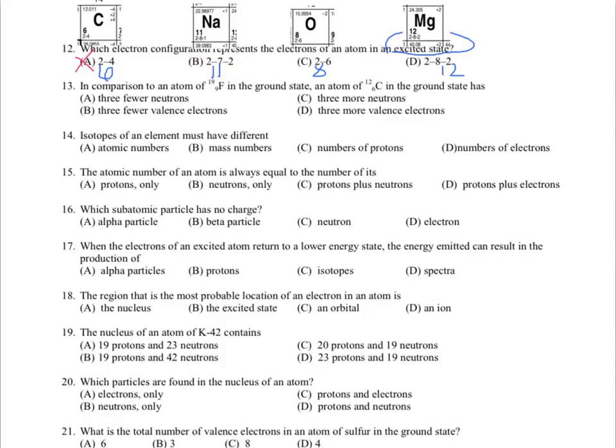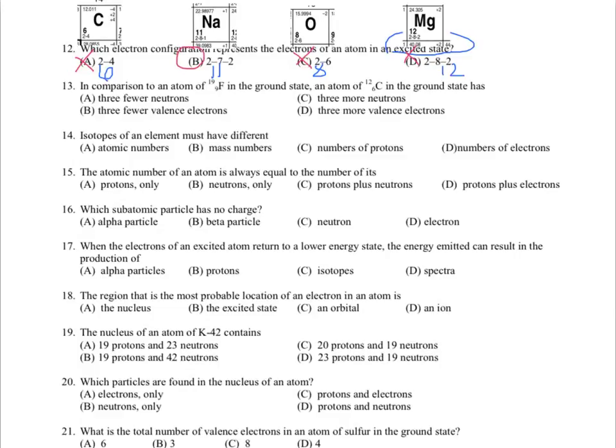We know that this is sodium because the sum of the electrons, 11, equals the atomic number. But it must be in the excited state because it's not exactly matching the electron configuration given on the periodic table. And again, we can double check that oxygen exactly matches, is not excited, and magnesium exactly matches and is not excited.